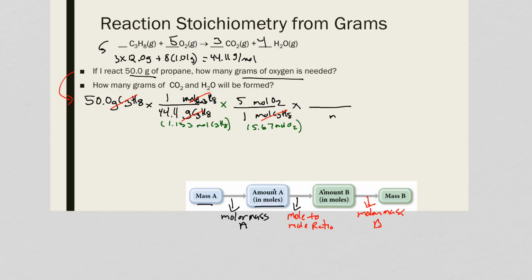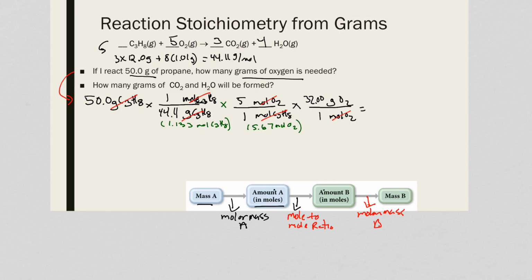So I need moles of O2 down here, grams of O2, that's my desired. So I need my molar mass of O2, and that's going to be 2 times 16, 32 grams per 1 mole. My moles of O2 cancel, and I'm left with grams of O2.